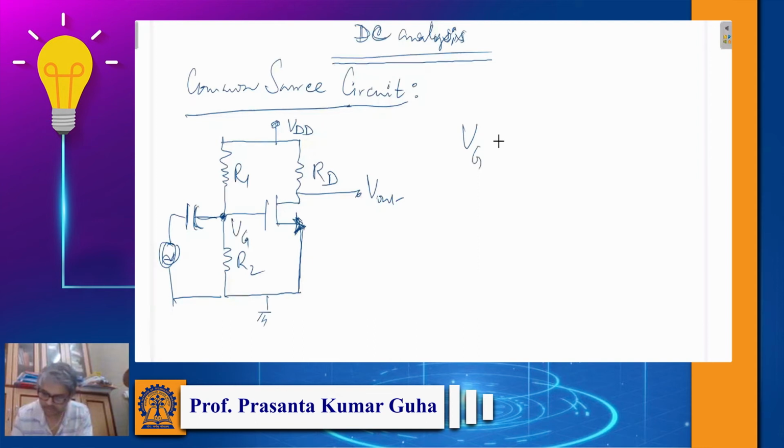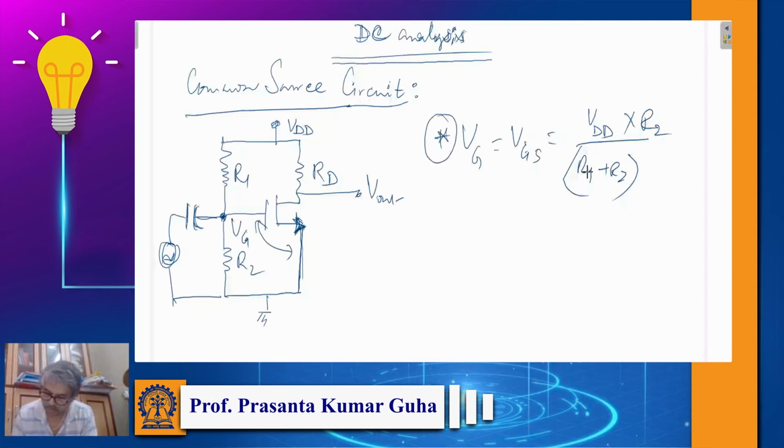In this case Vg is equal to Vgs, because the source is grounded, so the voltage here is basically the gate source voltage, that is Vgs. So Vgs equals Vdd divided by R1 plus R2 multiplied by R2. So that's basically your Vgs.